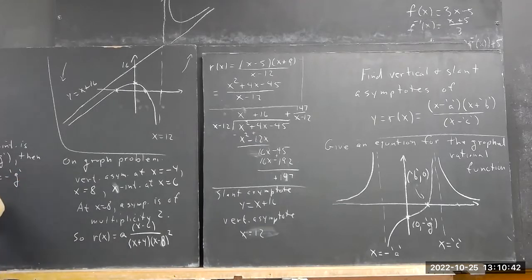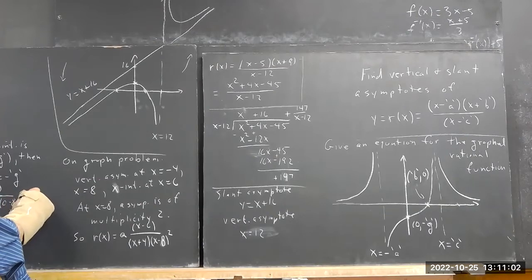In this case, it's the intercept. So we get this. So R of 0 is A times 0 minus 6 over 0 plus 4 squared times 0 minus 8 equals, I never did give you a value for g, but let's say it's 24.